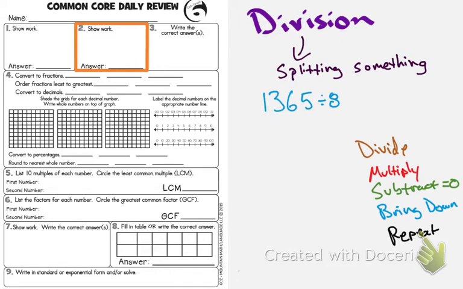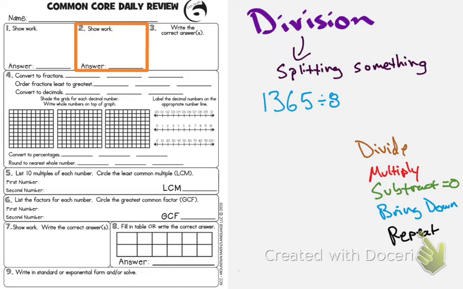In this case, we have 1,365 being divided by 8. Now, we talked in the first part of this video about what the different parts of a division problem are, and we talked about that because sometimes setting up long division problems can be the hardest part of long division.